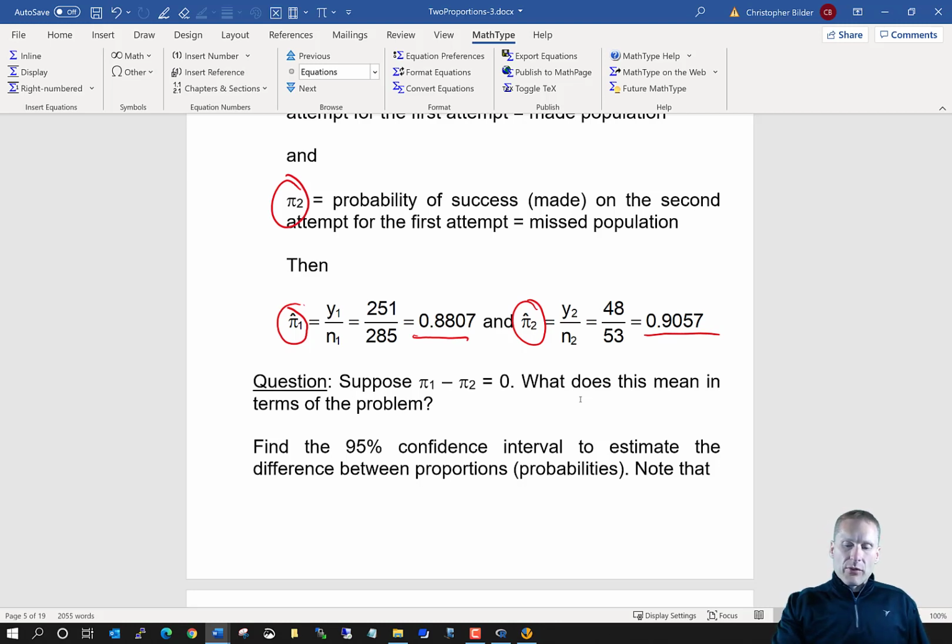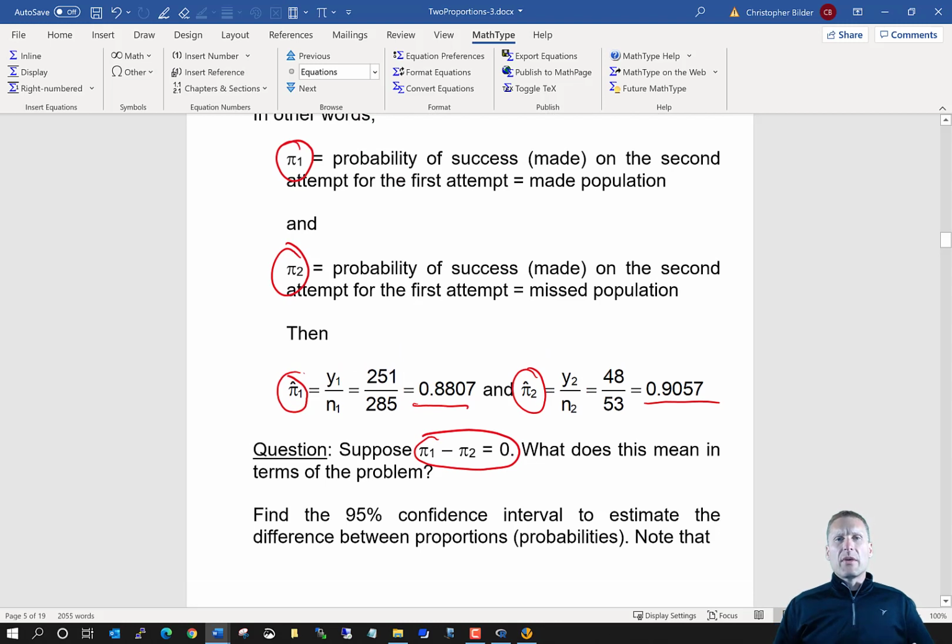Now here's a question for you. Suppose pi1 minus pi2 for Larry Bird here is equal to 0. What does this mean in terms of the problem? Well, let's think about it. What this is saying is that it doesn't matter what happens on that first attempt, because for the population of all free throws, what happens on the second attempt is going to be the same in terms of the probability of success.